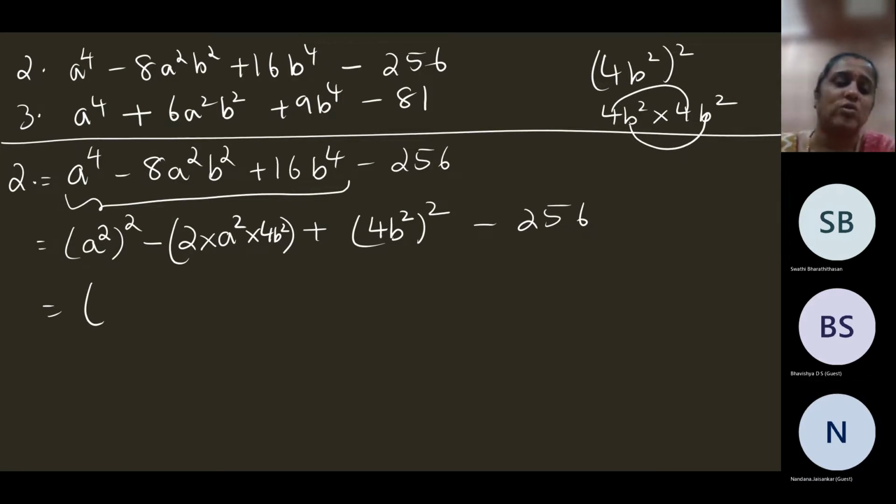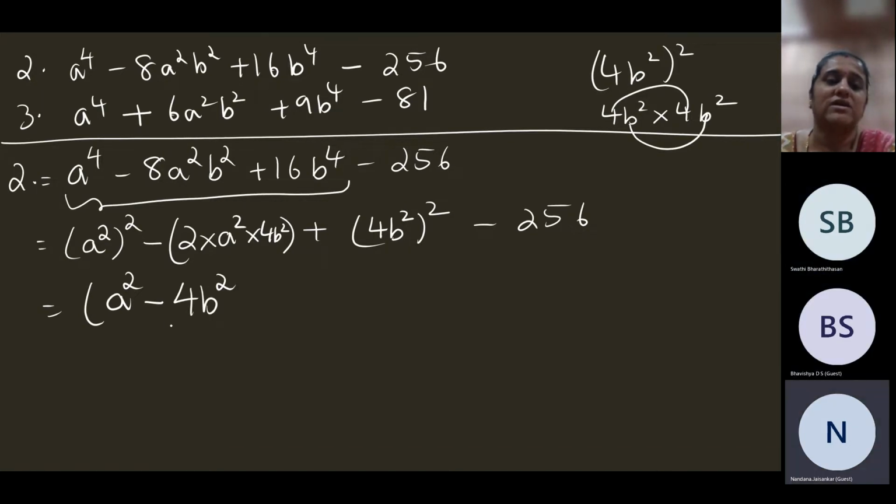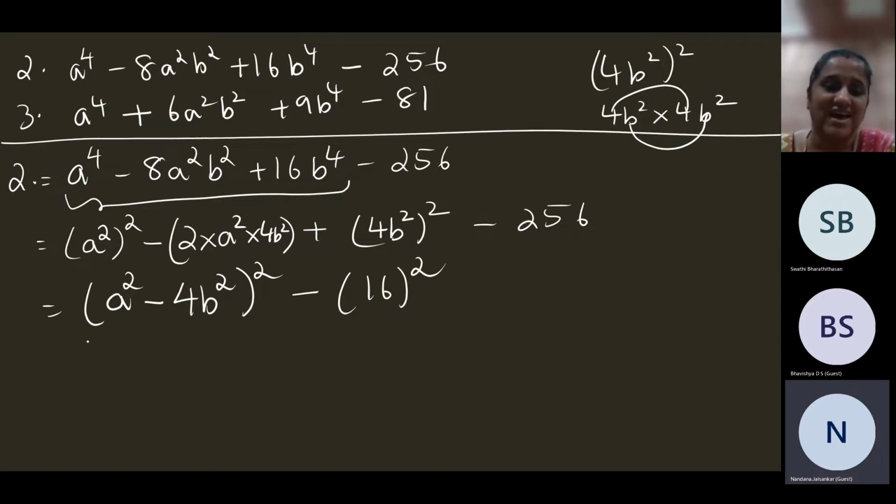So x minus y the whole square, where x is a square, correct? Yes, ma'am. And y is 4b square. X minus y the whole square minus 16 square.